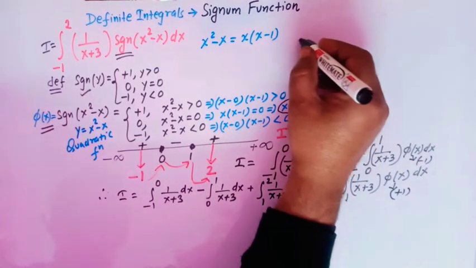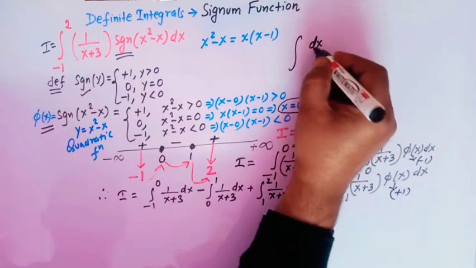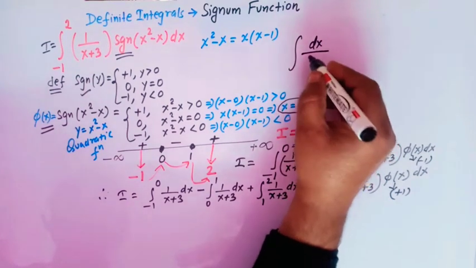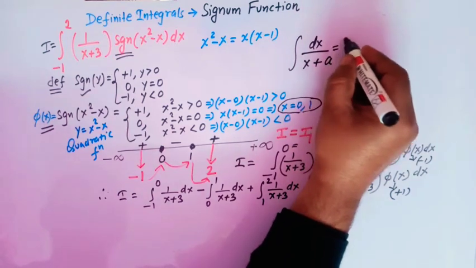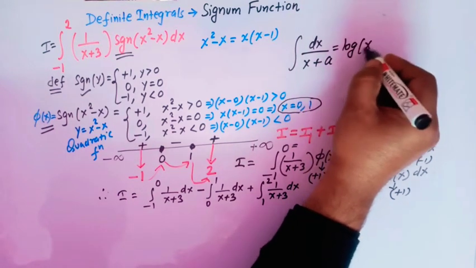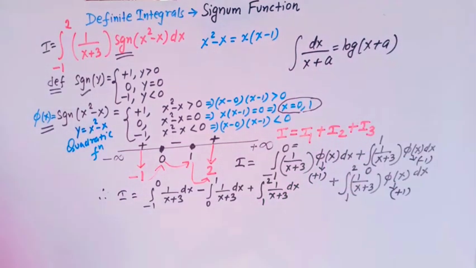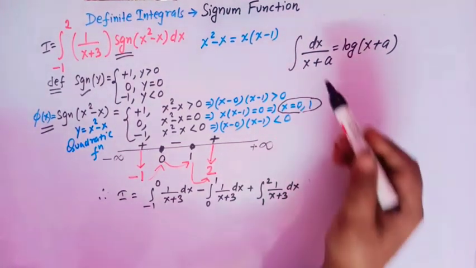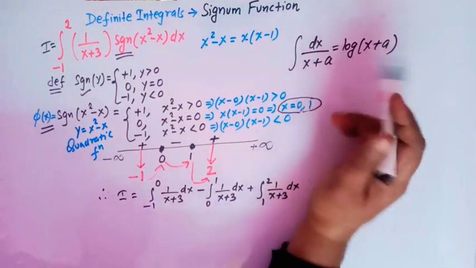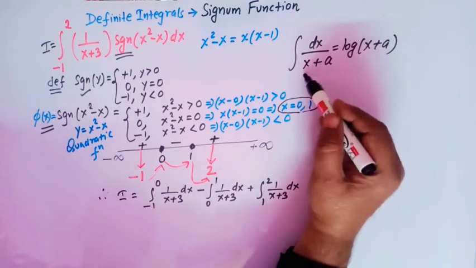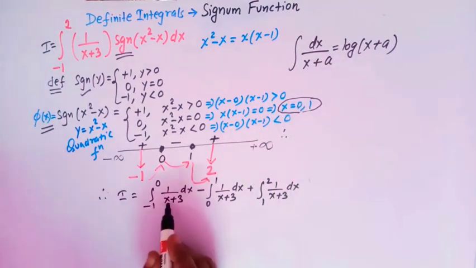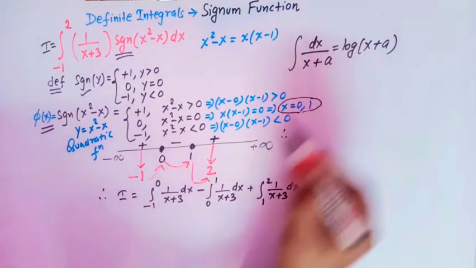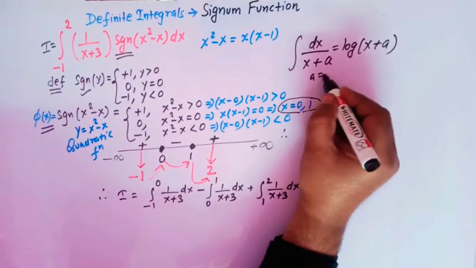So now we have three simple integrals, right? Now here we'll make use of the result that the integral of 1 over x plus a is equal to log of x plus a. So therefore here we have 1 over x plus 3, and for a we have 3.